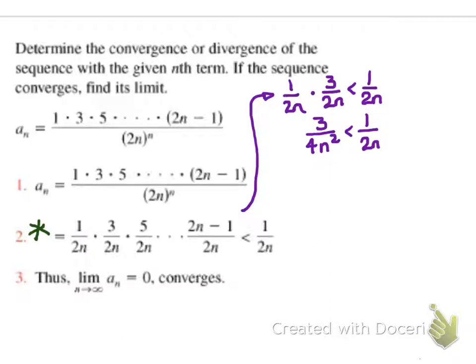And as you multiply through, no matter how far you go in that whole entire multiplication problem, it's always going to be less than 1 over 2n. So I hope that helps.